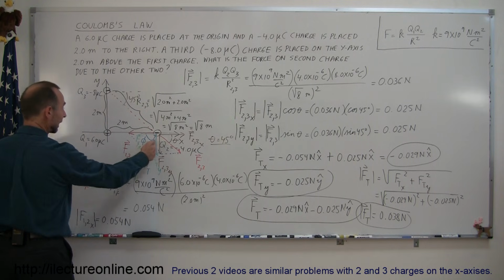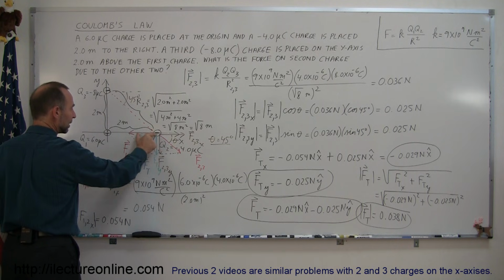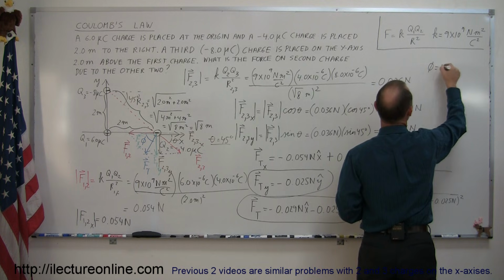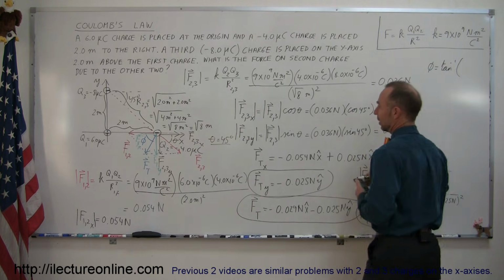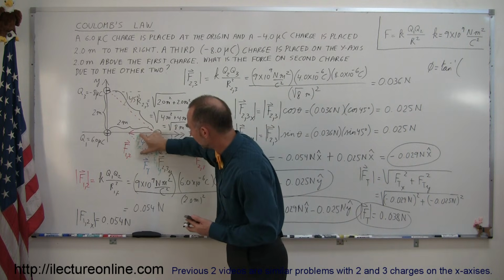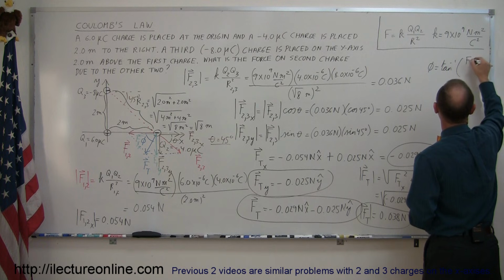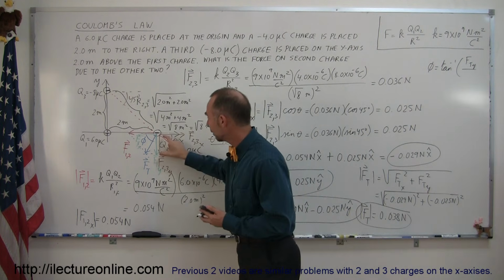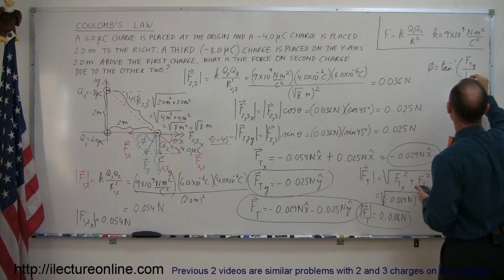Well, we can find that by taking the arctangent. This can be the opposite to the angle, and this can be the adjacent to the angle. So the angle phi is equal to the arctangent of the opposite side divided by the adjacent side. The opposite side to the angle would be this component. When we move it over here, that would be F total in the y direction, or at least the magnitude of that, divided by the adjacent component, F total in the x direction.